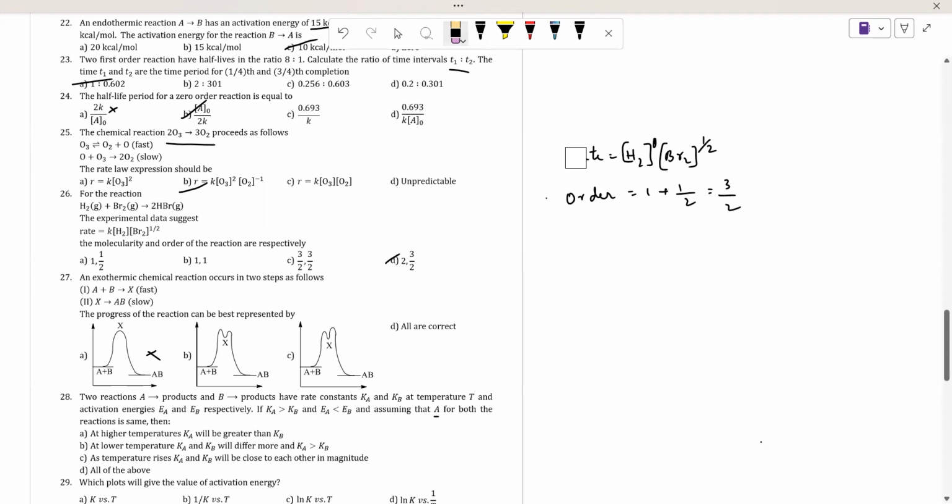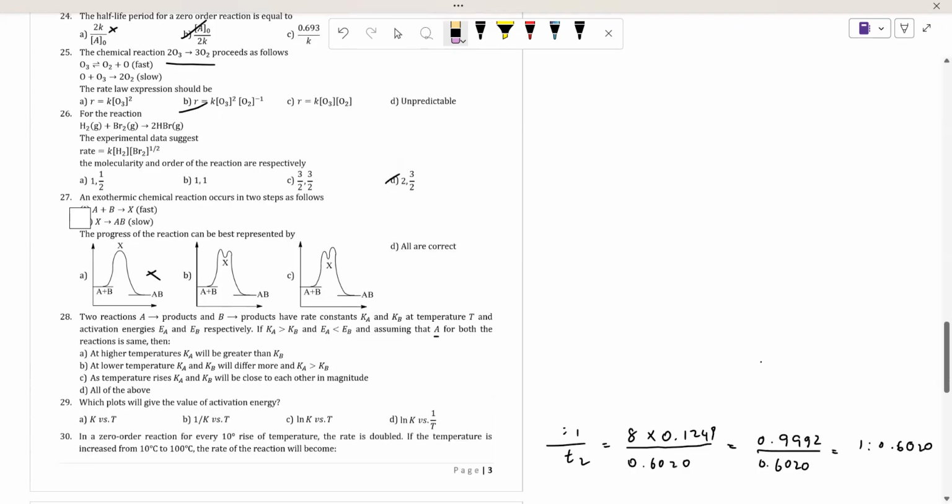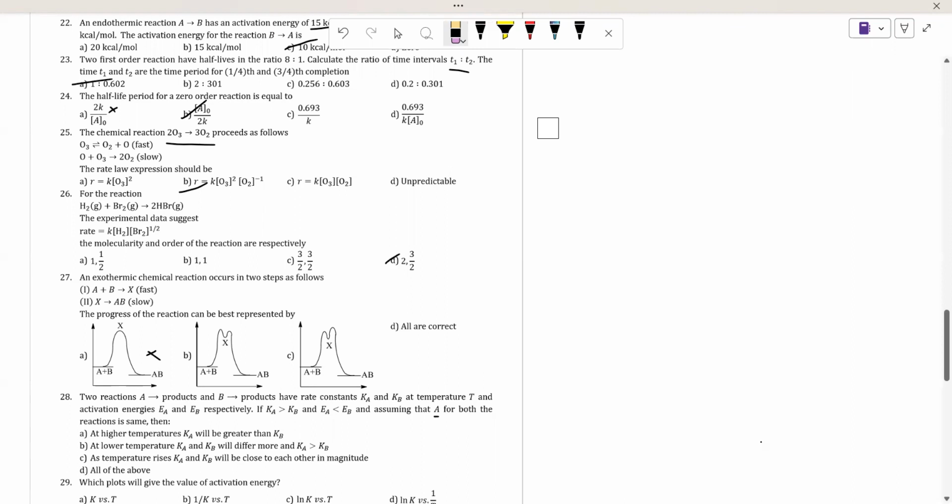Now coming to the next question. So what is the next question, students? According to the next question, they are asking about an exothermic chemical reaction that occurs in 2 steps as follows.